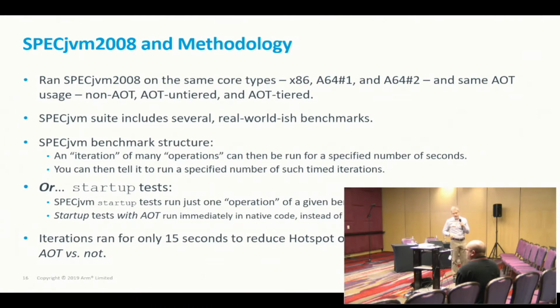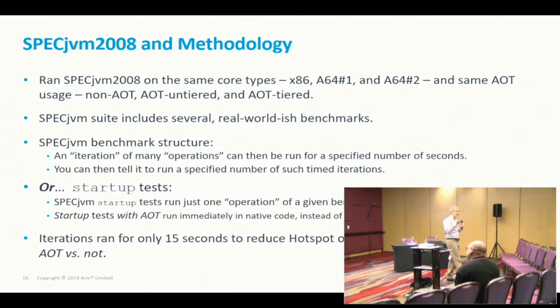This is one of them, and it's intended to be very real-world Java type functionality. Things like XML parsing, various scientific things like FFTs or Monte Carlo analysis. Well, you get the idea. Very real-worldy kinds of things.